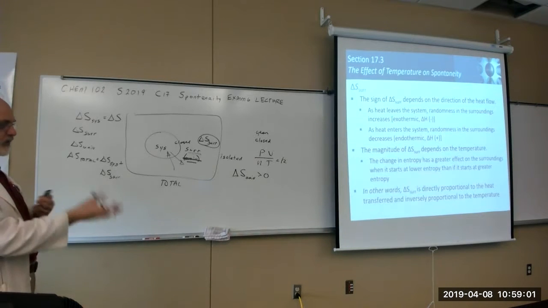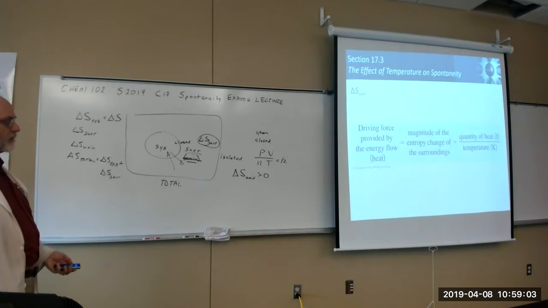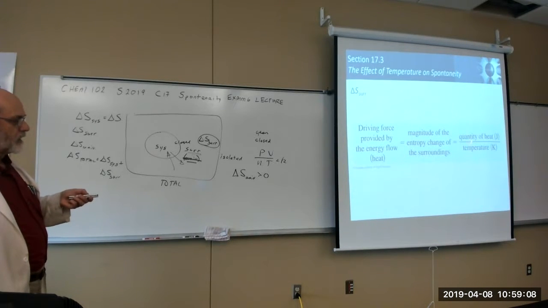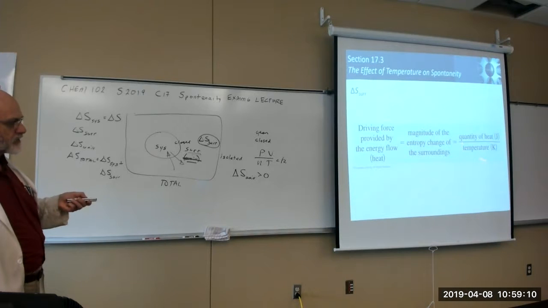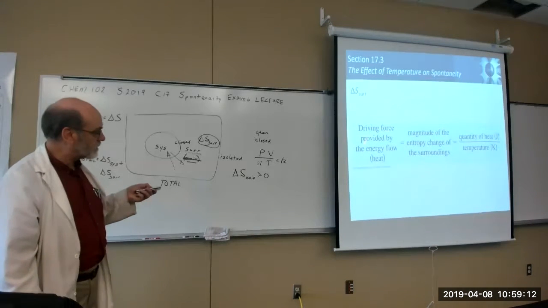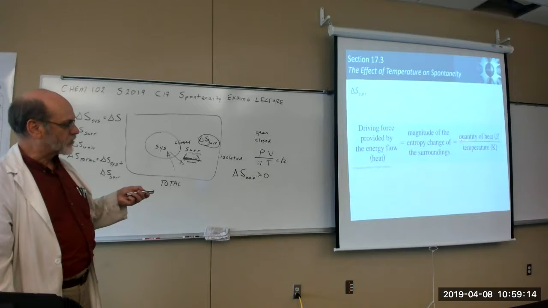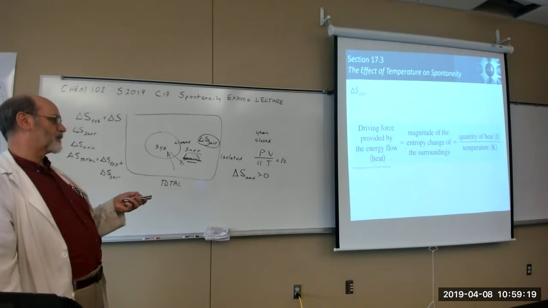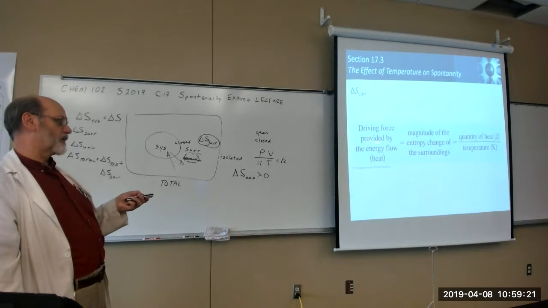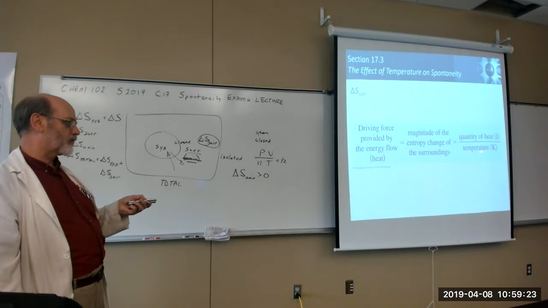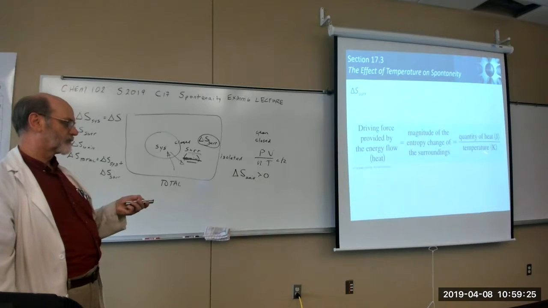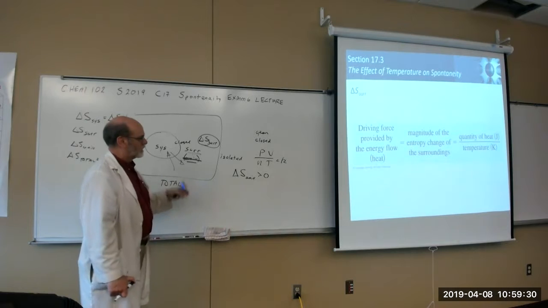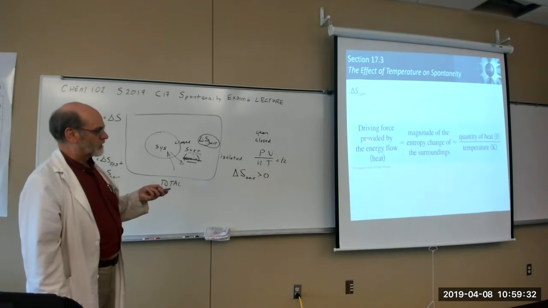So we've got to consider heat and temperature. Here we have the quantity of heat, and there's the temperature, because the entropy is directly proportional to the amount of heat transferred. This goes up, that goes up, and it is inversely proportional to the temperature, because if the temperature is low, then this will be high.